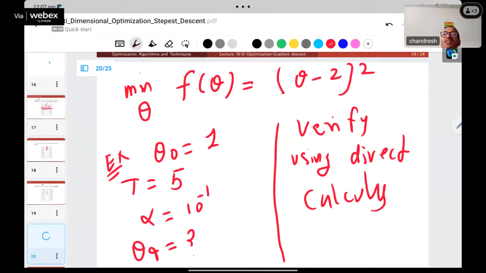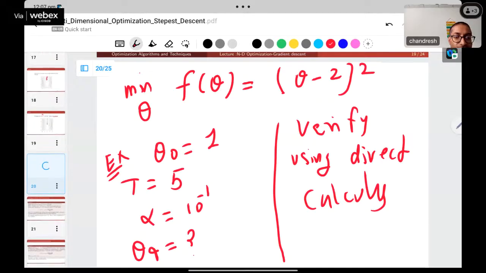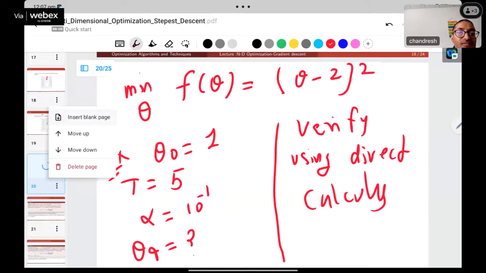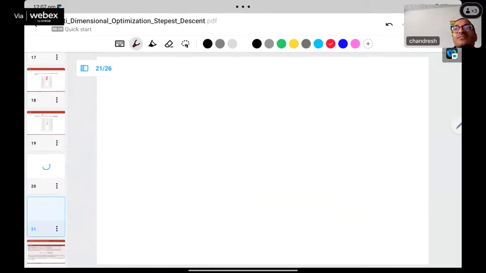In the equation which I typed, basically we have to plug in the value: theta 0 minus alpha times the gradient of the function.